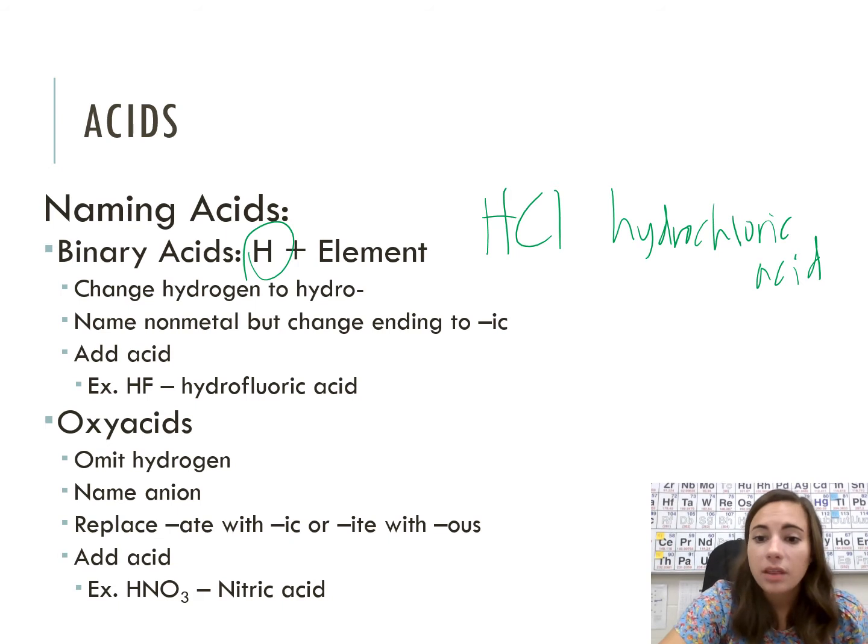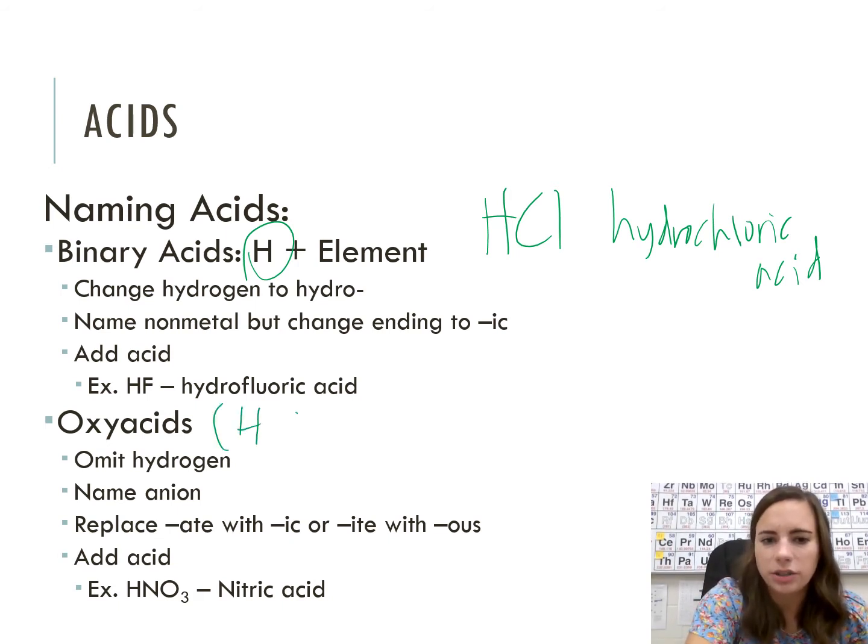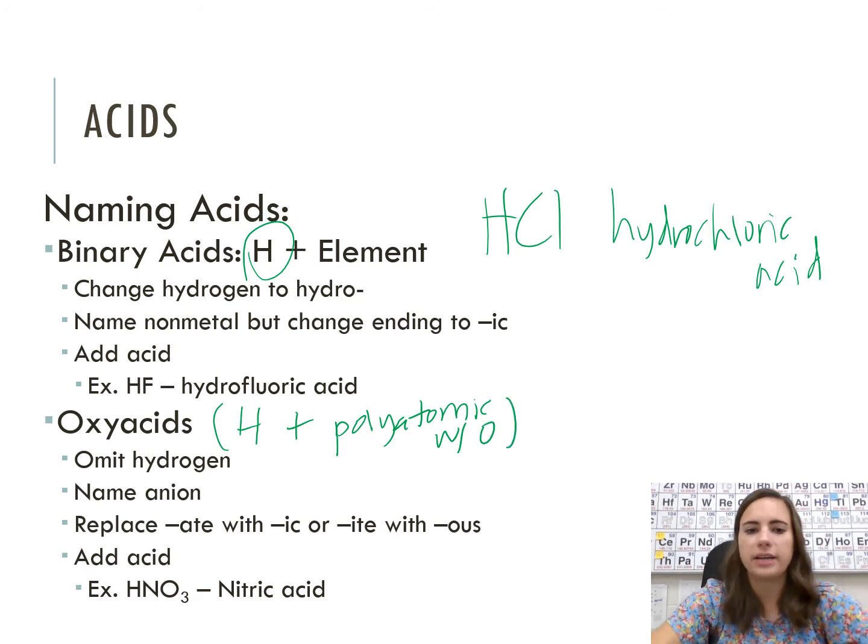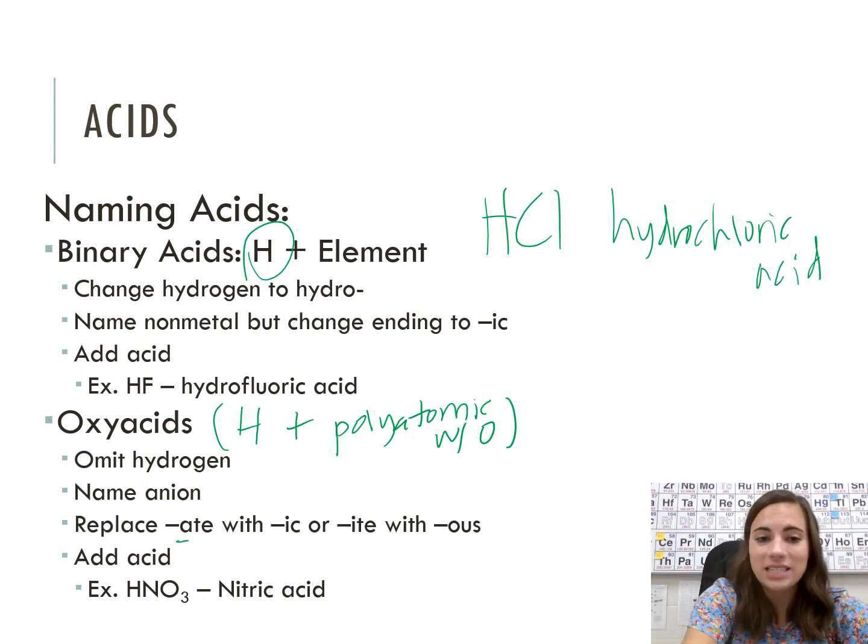All right, then we have oxyacids, which really is going to be hydrogen plus a polyatomic ion, which is almost always going to have oxygen. That's why we call them oxyacids. So in this case, we're going to not use the prefix hydro. We're going to name the anion, and then we replace ate with ic and ite with ous.